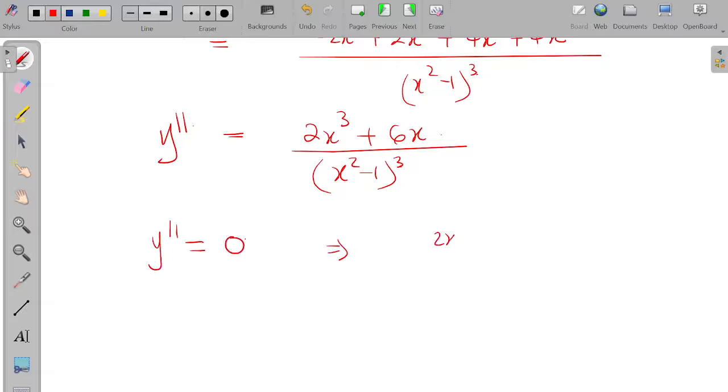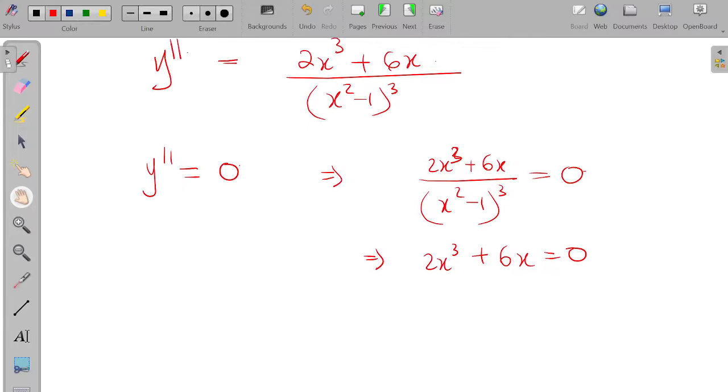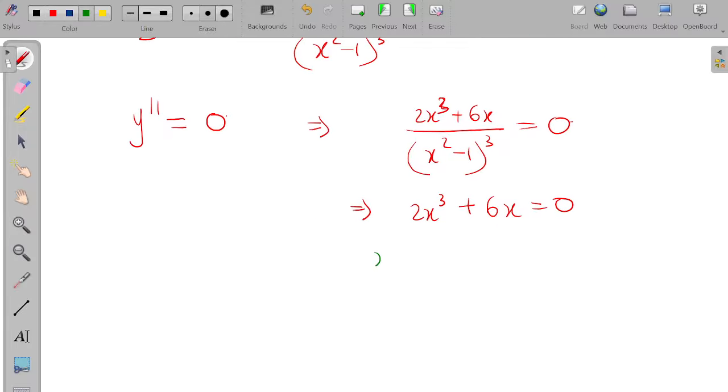This implies that 2x cubed plus 6x equals 0. Here we can factorize 2x out, so we have 2x times x squared plus 3 equals 0.